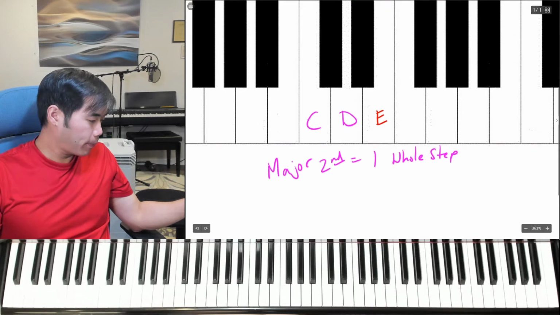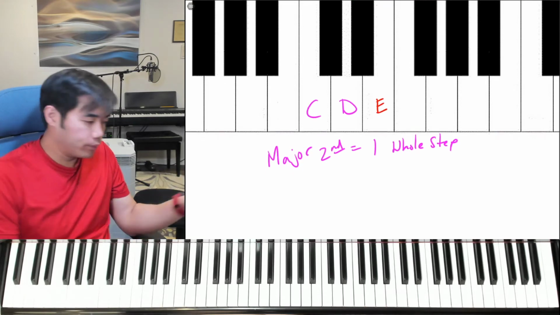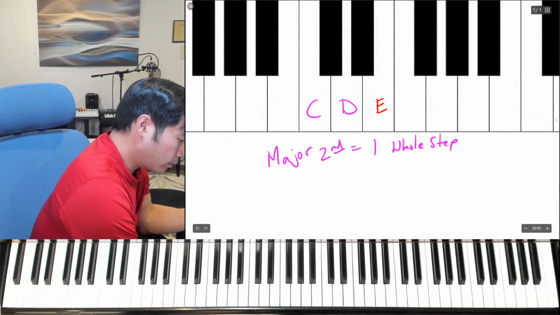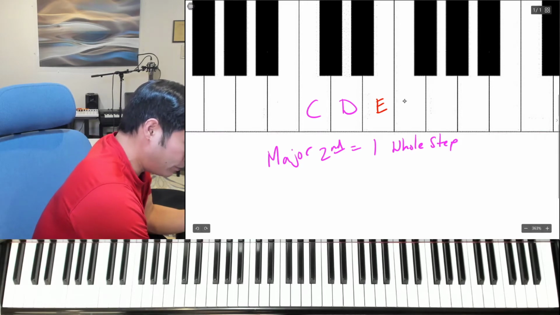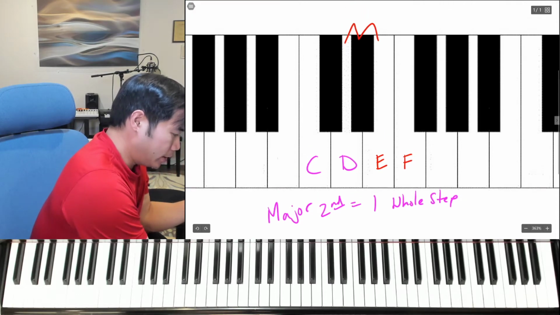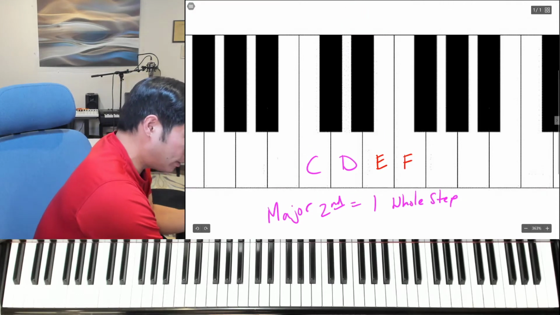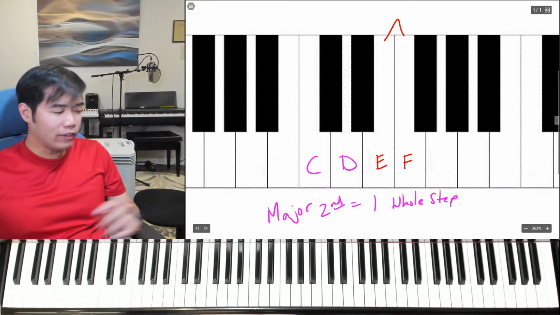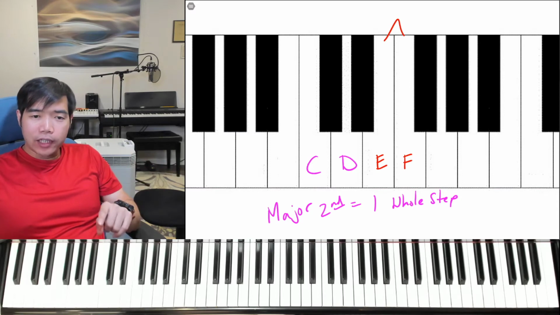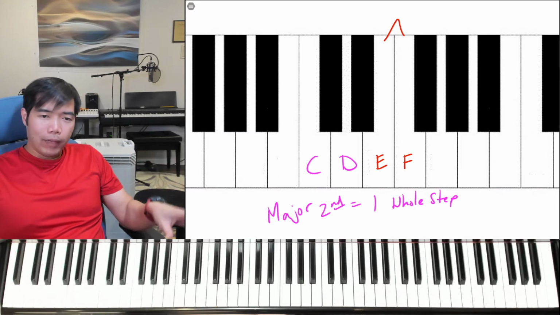Okay. However, if we're going, say from E to F, now E to F, this is no longer 2 half steps apart. This is just 1 half step apart. So it's not a major second anymore. It is now a minor second.